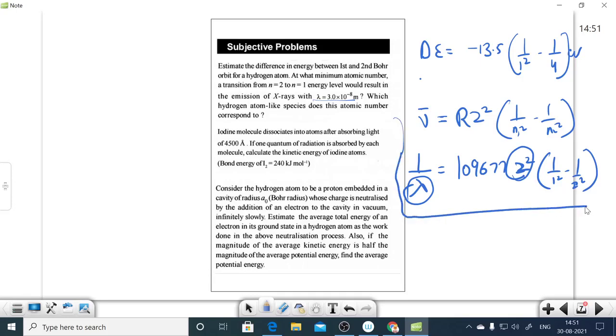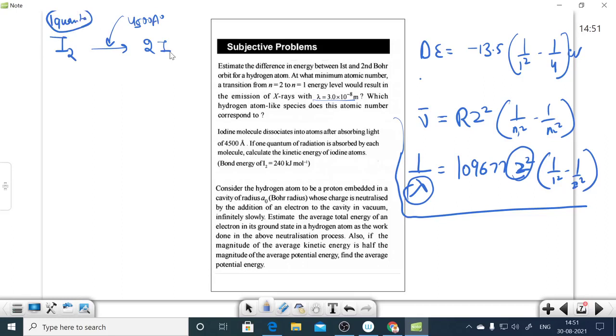So now, an iodine molecule dissociates into atoms after absorbing light of 4500 angstrom. So the iodine molecule will be broken down into 2I by absorbing 4500 angstrom of wavelength. If one quantum of radiation is absorbed by each molecule, one quantum is absorbed by each I2 to break down into 2.